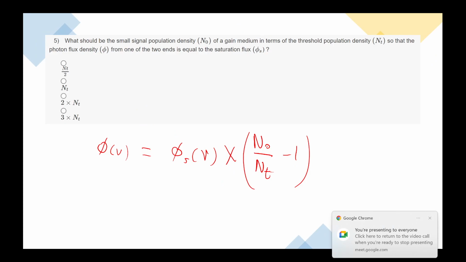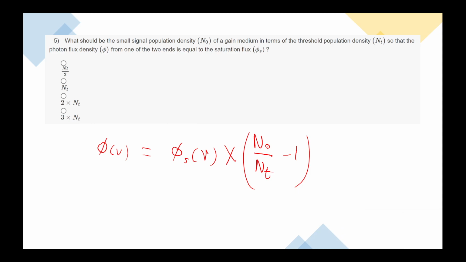No, it should not be 2 times nt. I'll just solve this problem and tell you what is happening. We have to keep this n naught value one by one. All the values we will keep one by one, and we'll see.